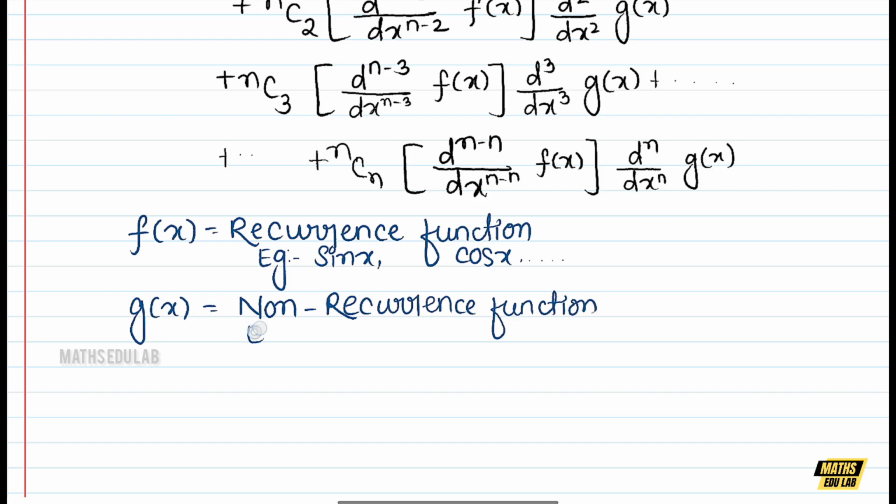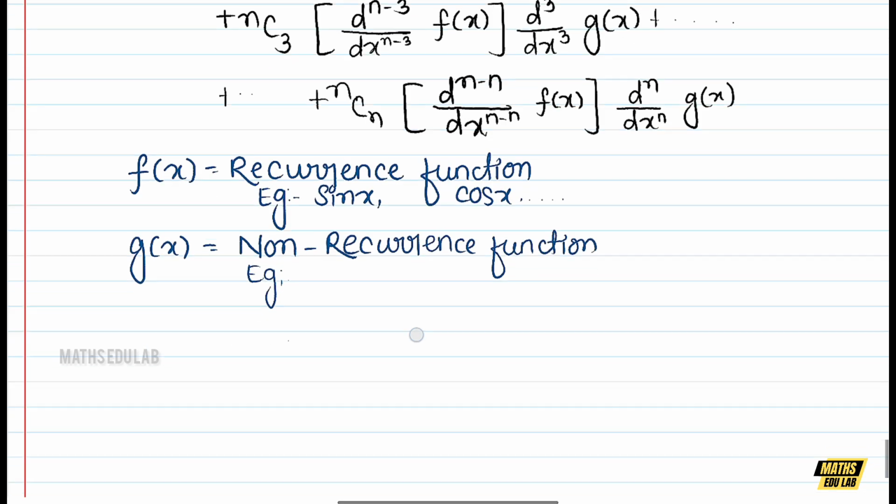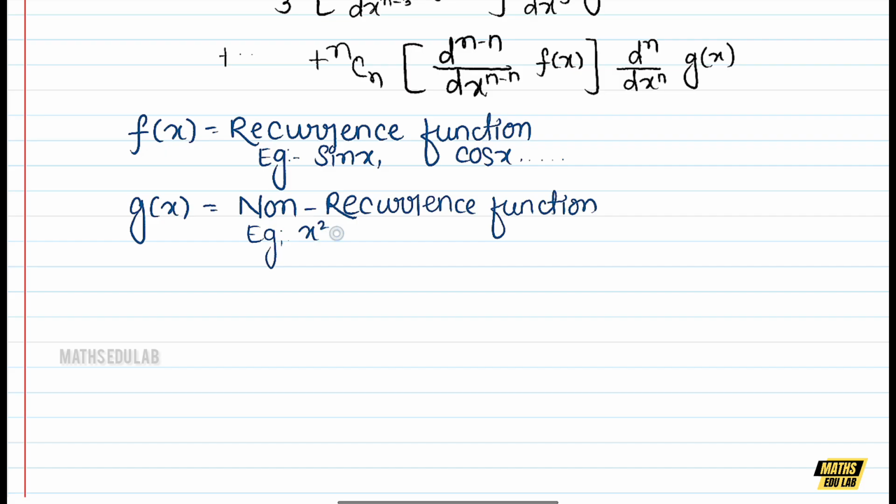For example, if we take x squared, 3x cubed, or 2x plus 1, and do the derivative for 1 or 2 steps or up to 3-4 steps, we get the value 0 after the nth derivative. So f(x) is the recurrence function where we get repeated values, and g(x) is the function where we get a constant value after some derivative steps.